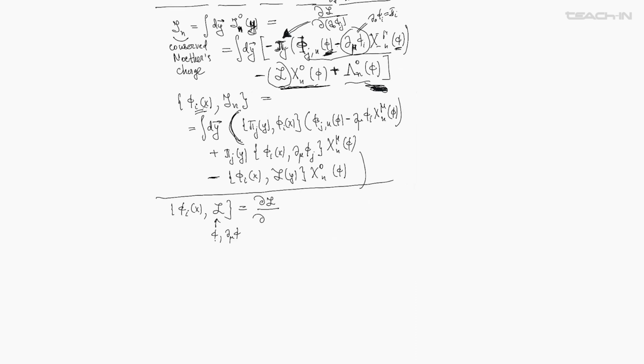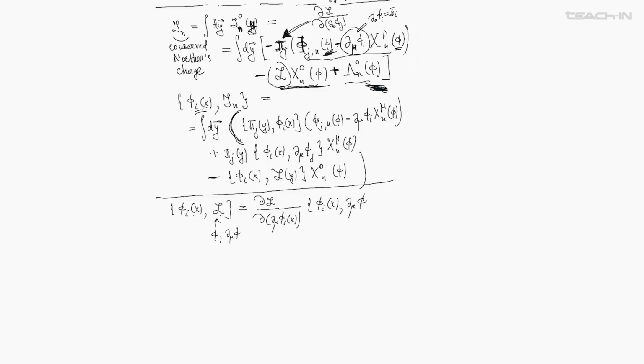And so the only non-trivial contribution may come from the bracket of phi^I with a derivative of, let's write here, phi^j like this.